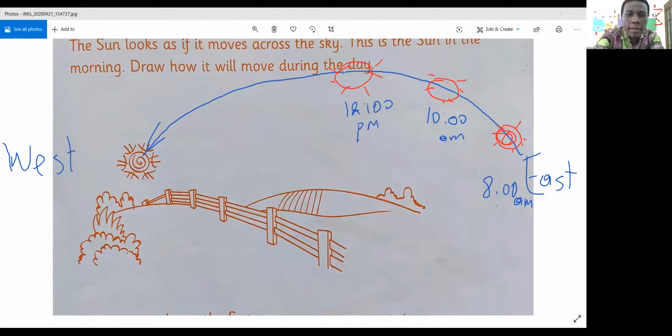Keeping on, the sun will start setting, and this will be 2 p.m. Okay, let me just write 2 p.m. to make it easier to understand for everybody. So this will be 2 p.m. How can I draw this here?